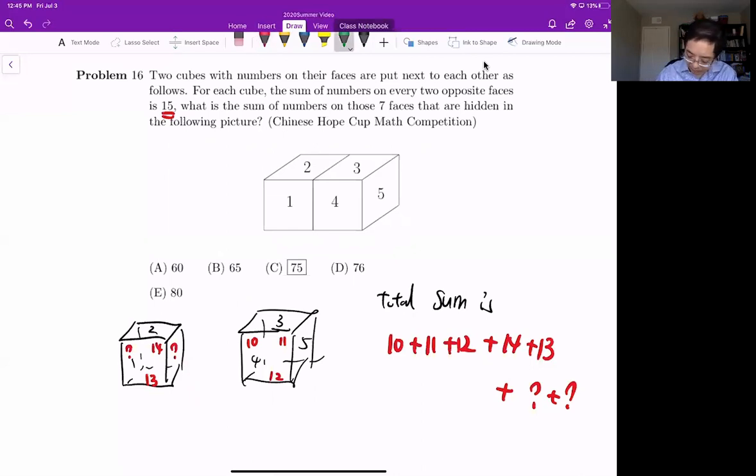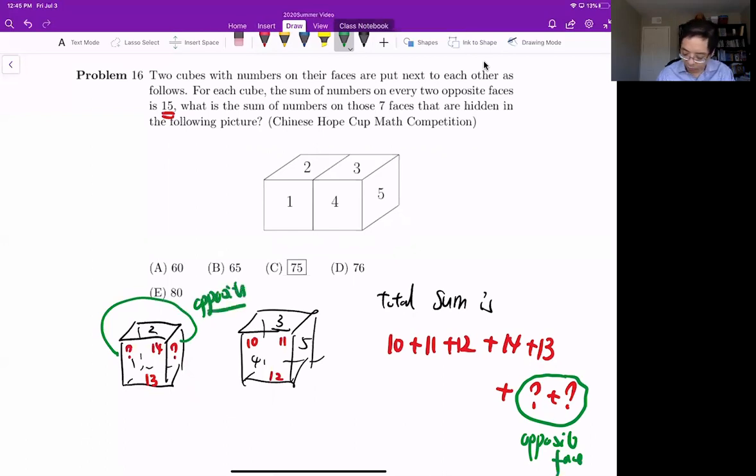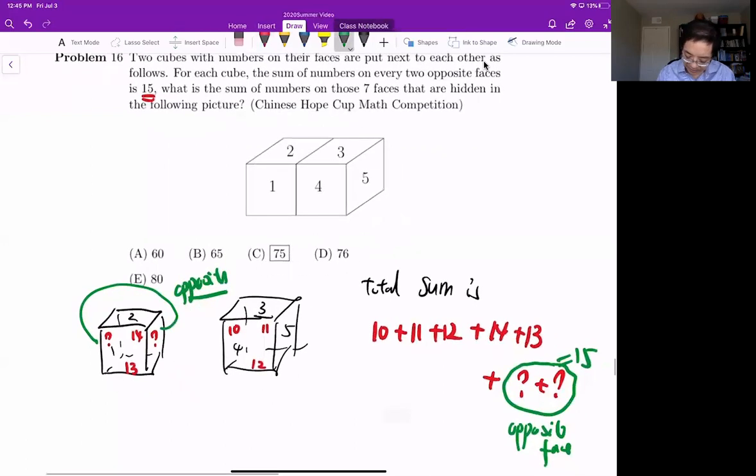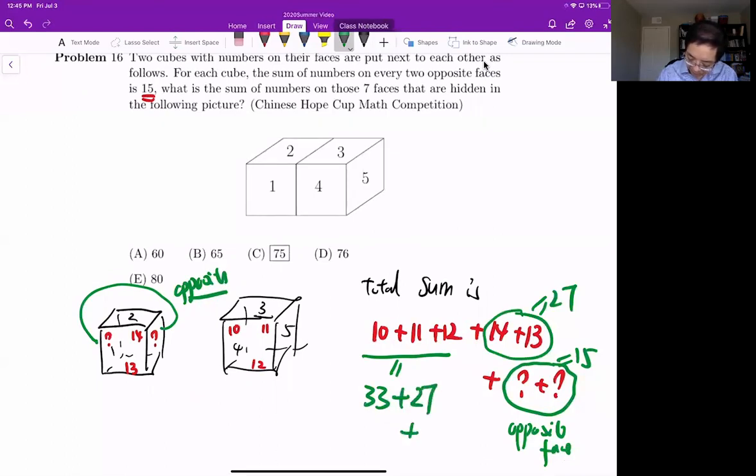The point is that although we don't know the 2 question marks, they are on opposite faces, which means if you add them up, it's 15. That's what the problem says. So this one I have 33, and here we have 27, so 33 plus 27, and then plus 15. You add them up and it is 75.